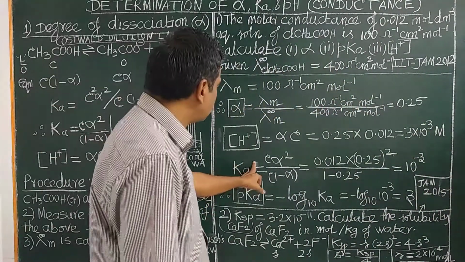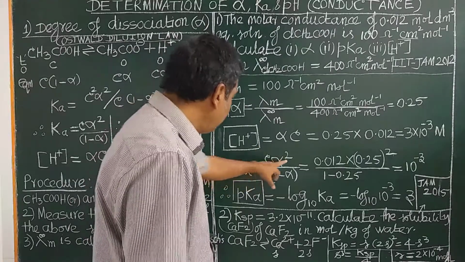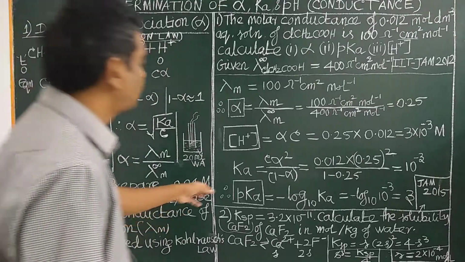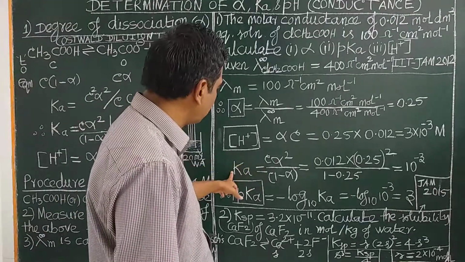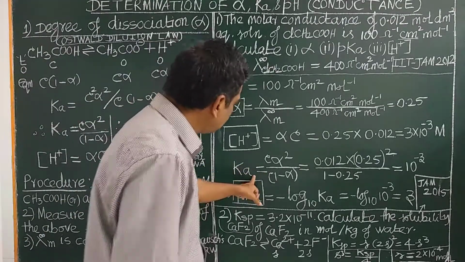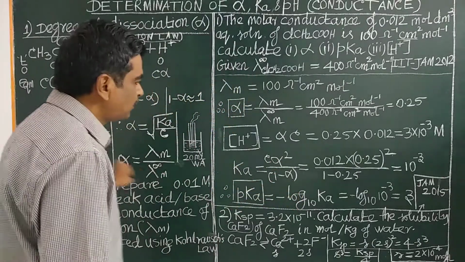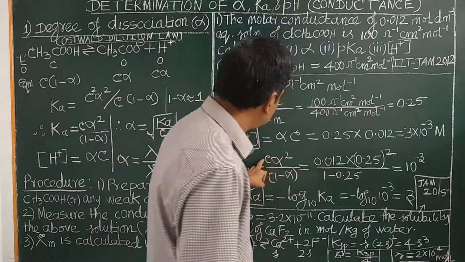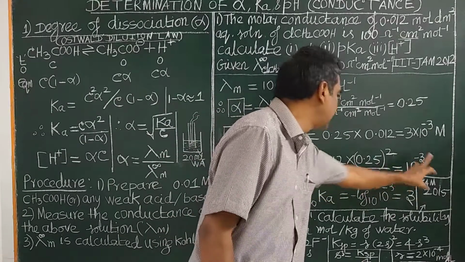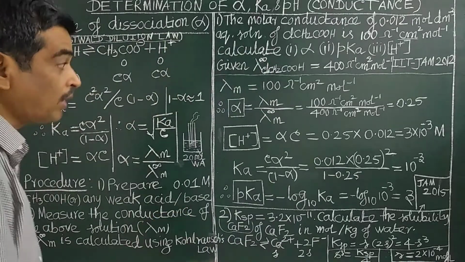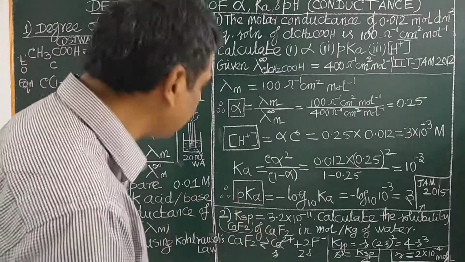From the degree of dissociation, the Ka, the dissociation constant of the weak acid or weak electrolyte, can be calculated. Ka equals C alpha square by 1 minus alpha, the formula we have derived earlier. Substitute the C value and alpha value, and you will get 10 to the minus 3. In this case, the alpha value is significant, it is not negligible.